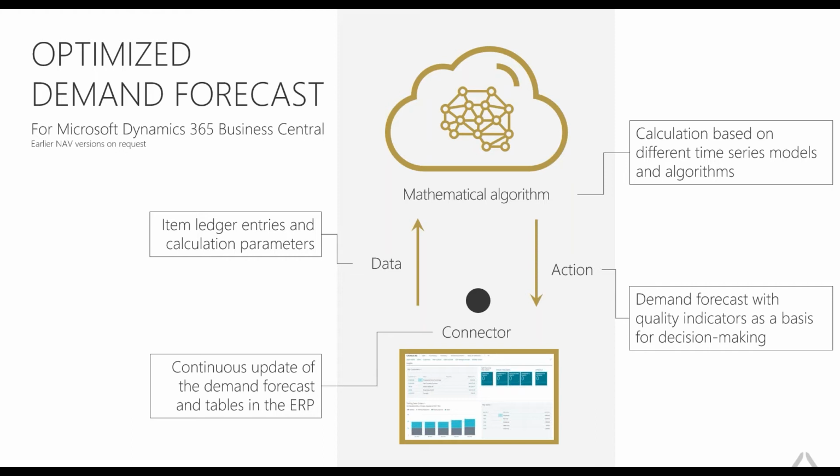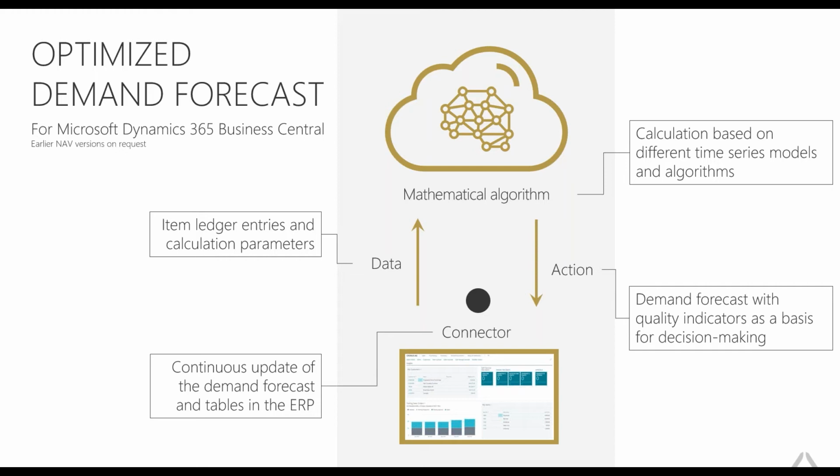For instance, such a calculation parameter could be the horizon you want to forecast in the future: 4 weeks, 1 day, 7 days, or even 1 year if your data is good enough for 1-year forecasting.